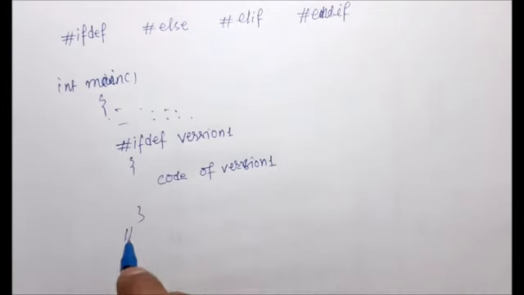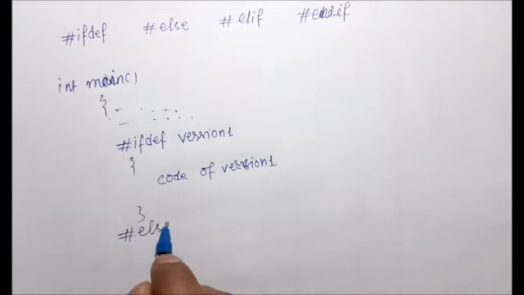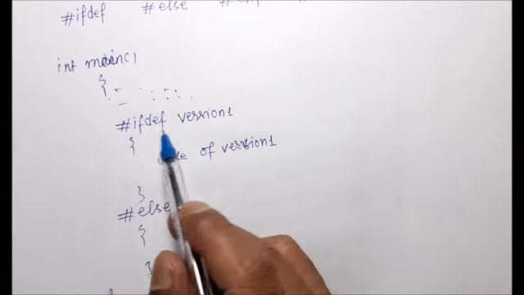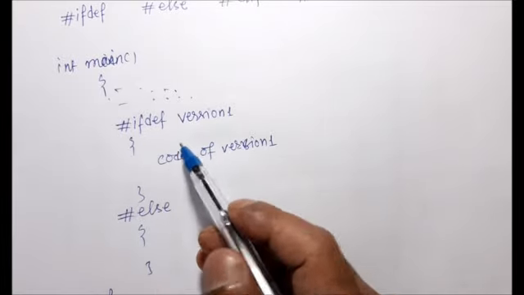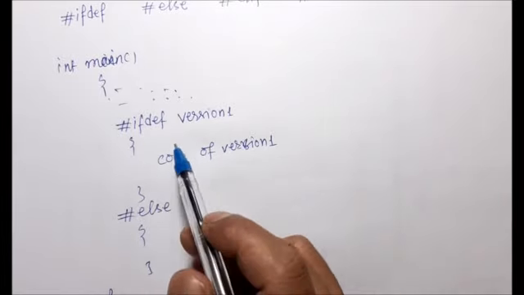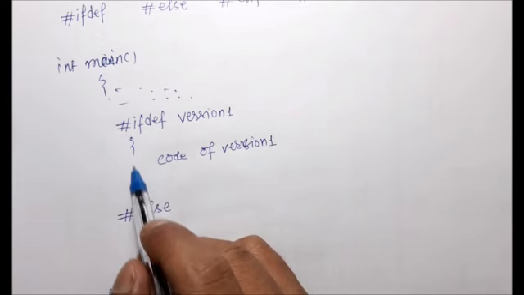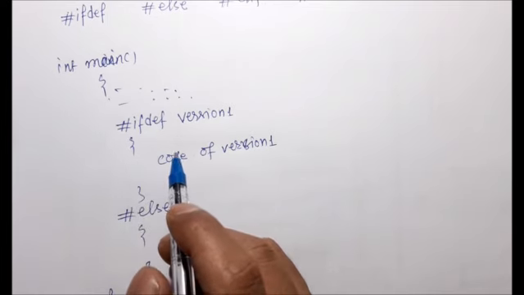Else this code. What does it mean? If this condition is satisfied, that is, it is defined, then this portion of the code will be executed or compiled.